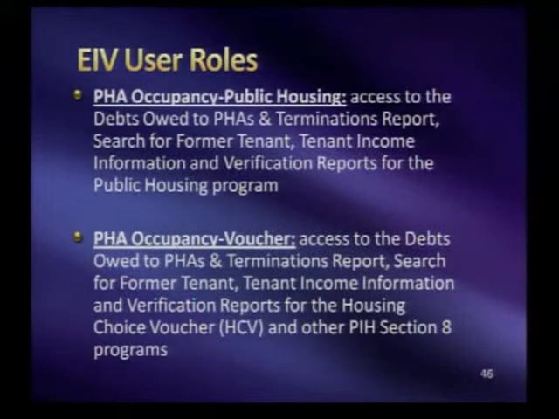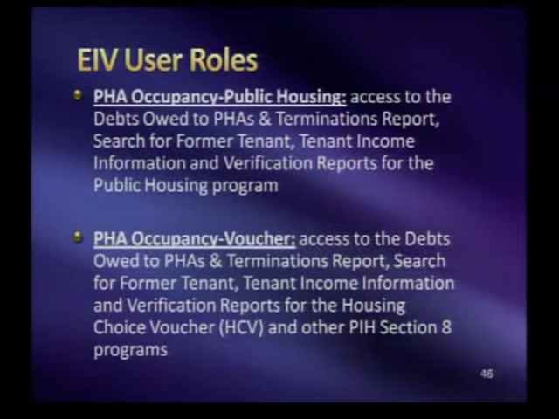Okay, now these are the various EIV user roles. Your PHA occupancy public housing role basically allows the user to access the debts owed to PHAs and termination report, the search for former tenant, access to all EIV income reports for families under their jurisdiction, as well as the various verification reports for public housing program tenants only. Now, the PHA occupancy voucher role is the same role as the public housing role.